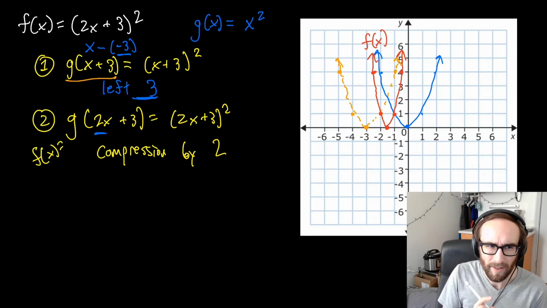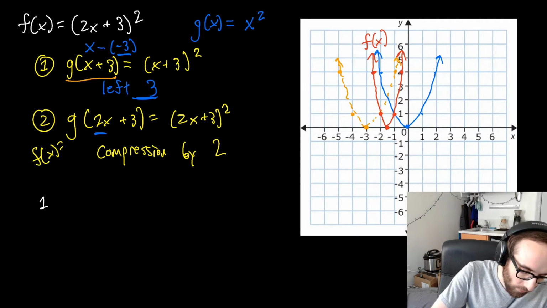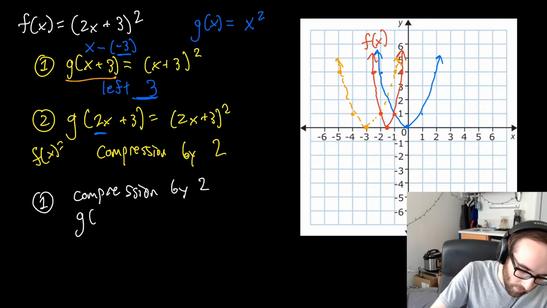What I want to do next is take a look at what if we did a different order. So what if we decided to compress by 2 first? So compression by 2, g of 2x. In other words, we have (2x) squared.